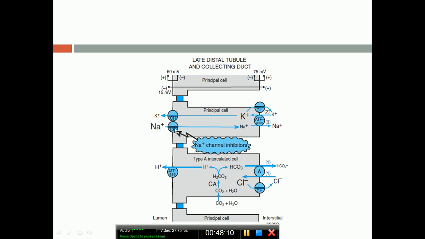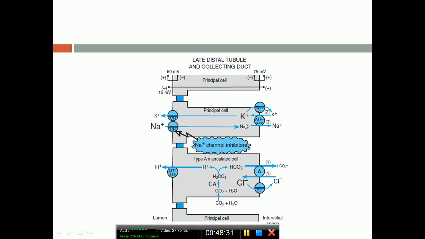Here this is the overall picture. This is the principal cell. Here in this, there is the potassium channel. There is sodium that is normally present, this channel.